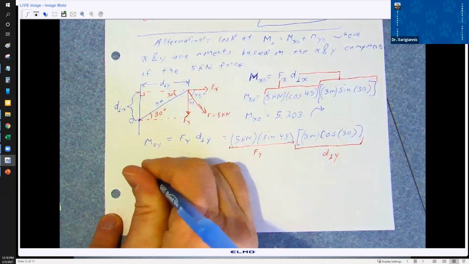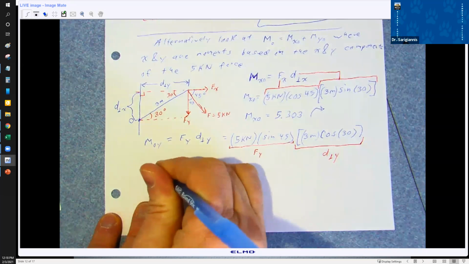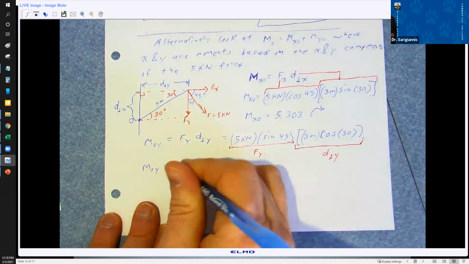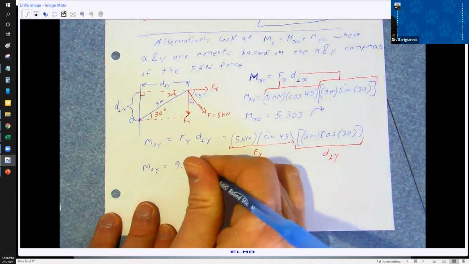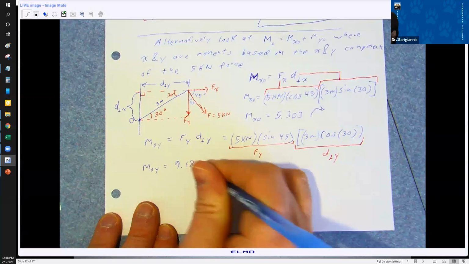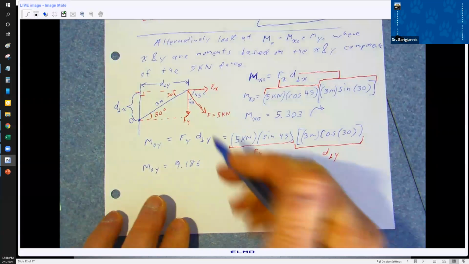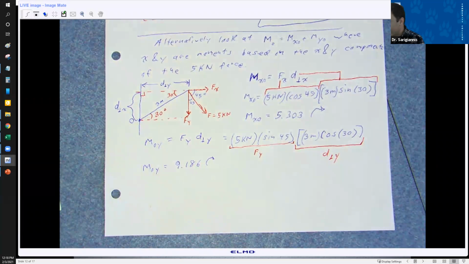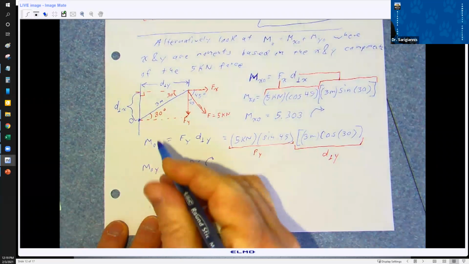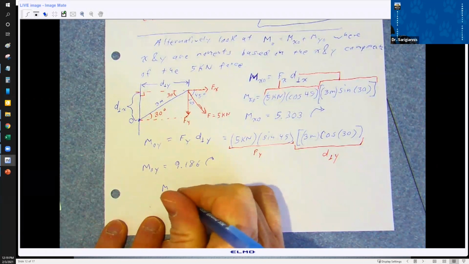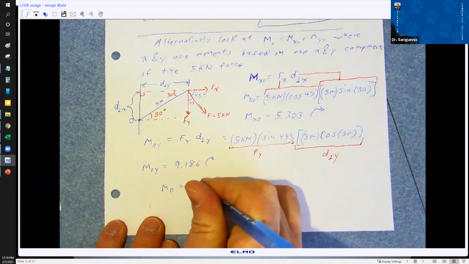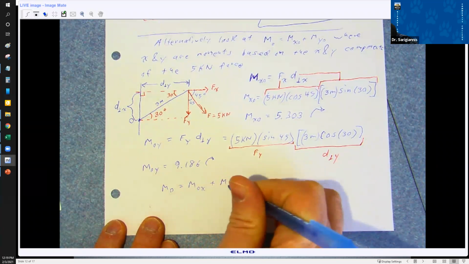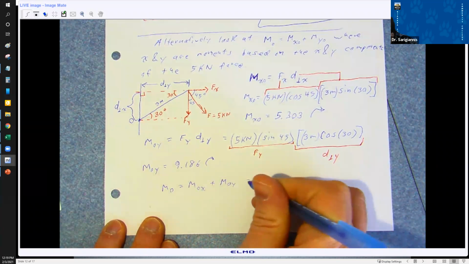So here we wind up with the moment about O due to the y component of force is 9.186. And this is also generating a clockwise moment, right? So now the total moment about O is just the sum of the components, which is what?